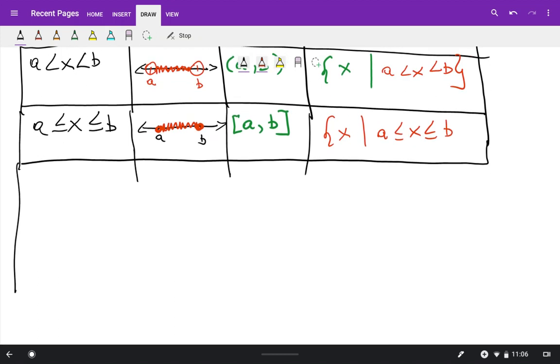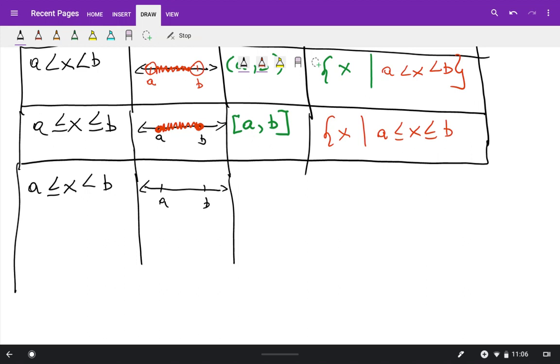Next, you're going to have x greater or equal a, but on the right side you have only x less than b. So we're mixing strict inequality with regular inequality. So to graph that, you're putting a and b on the number line.